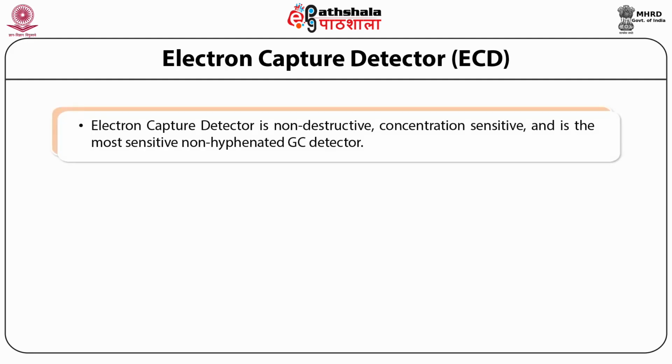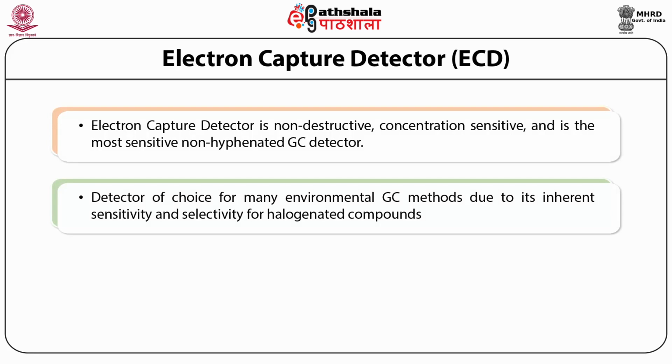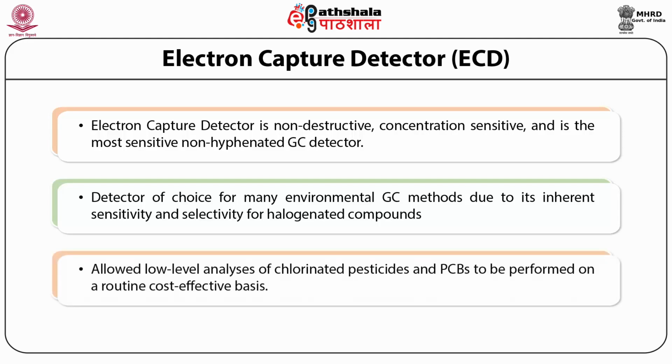The electron capture detector is a detector of choice for many environmental gas chromatographic methods due to its inherent sensitivity and selectivity for halogenated compounds. Due to its unique attributes, the electron capture detector allows low-level analysis of chlorinated pesticides to be performed on a routine, cost-effective basis.